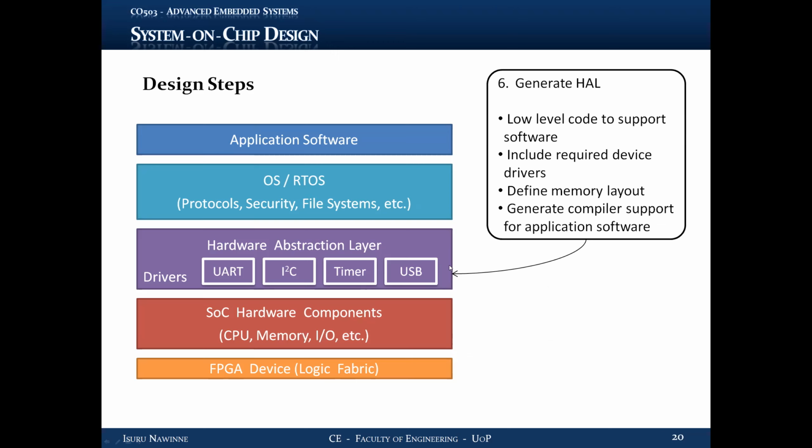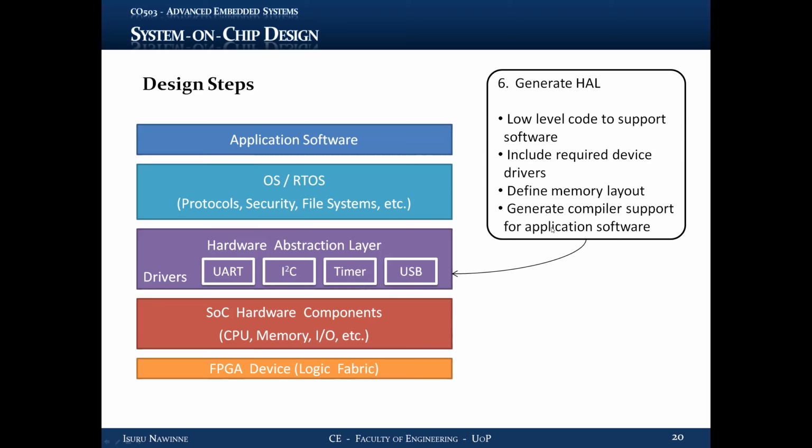Then from the software side of your system, you need to generate the hardware abstraction layer. That is the low-level code to support software, including device drivers. You also need to define things like memory layout. If you have memory in your SoC, how the memory is structured, which address space ranges are accessible by which CPUs if you have multiple CPUs, and which applications if you have multiple applications, and so on.